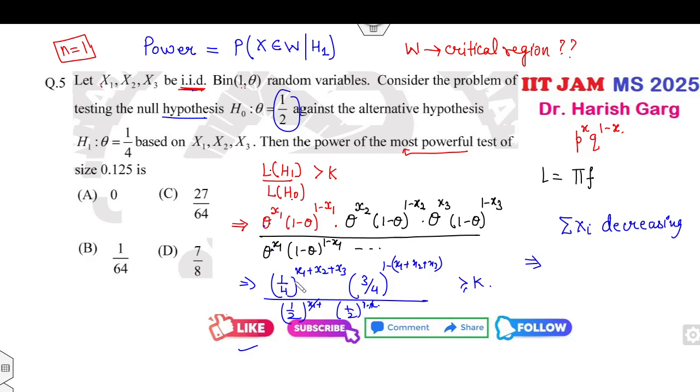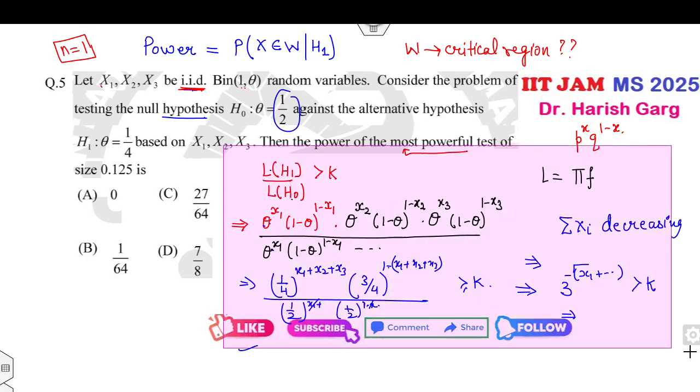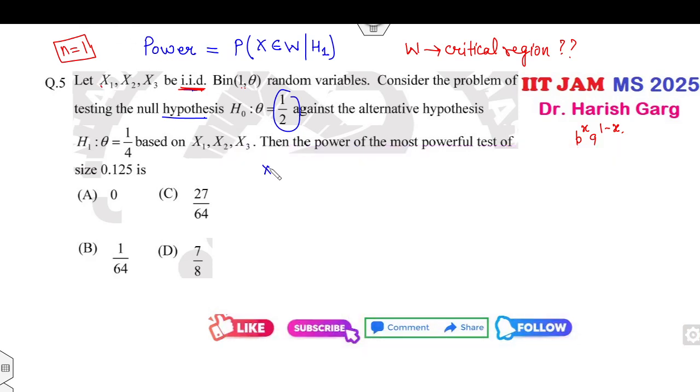In this case 1 by 4 will be cancelled, so 3 raised to power minus of this is greater than k. What does it mean? This number is less than some constant. So x1 plus x2 plus x3 is less than k is my critical region.